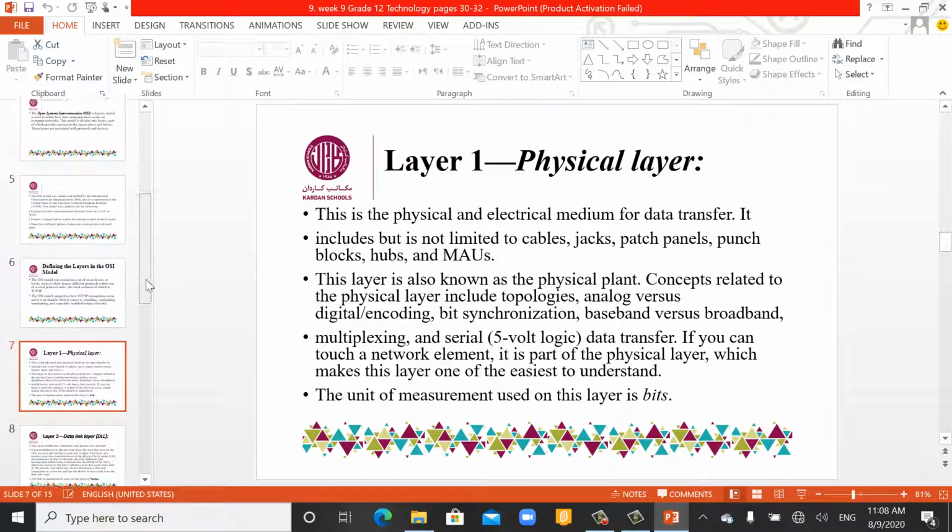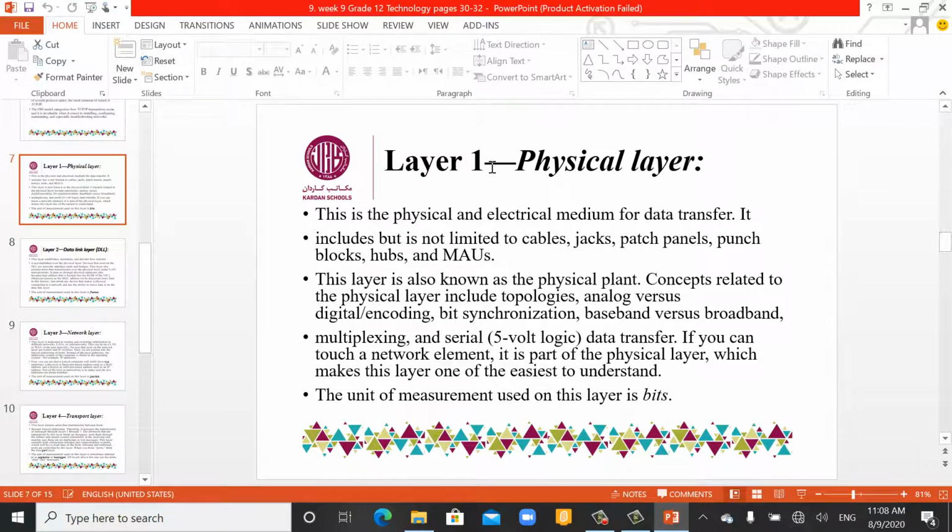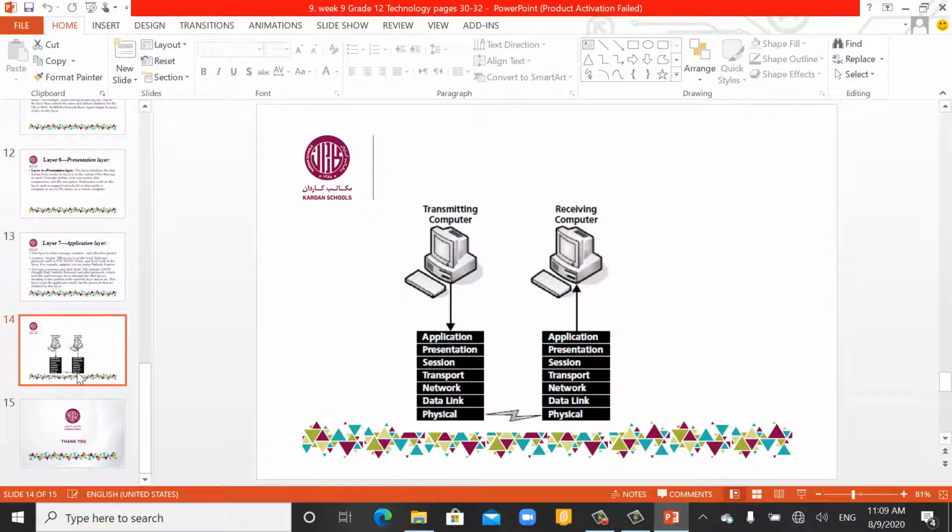Let's come and talk about the first layer. Layer 1, the physical layer. This is the physical and electronic medium for data transfer. It means if you see the OSI model here, we have 7 layers: transmitting computer and receiving computer.